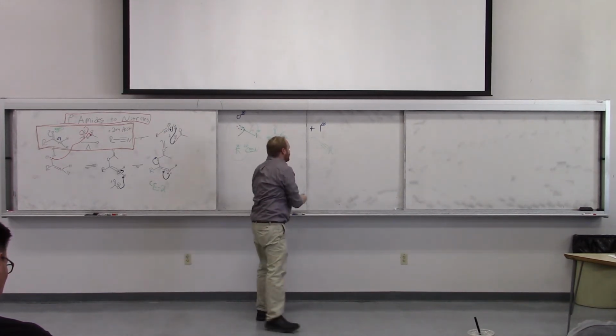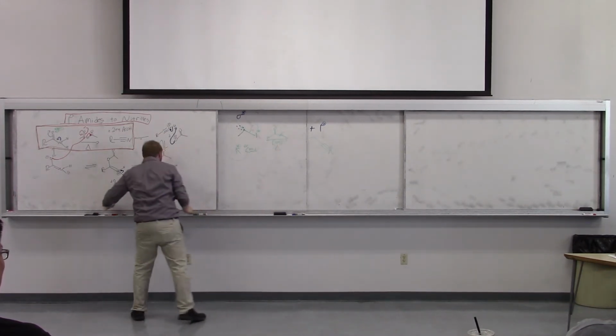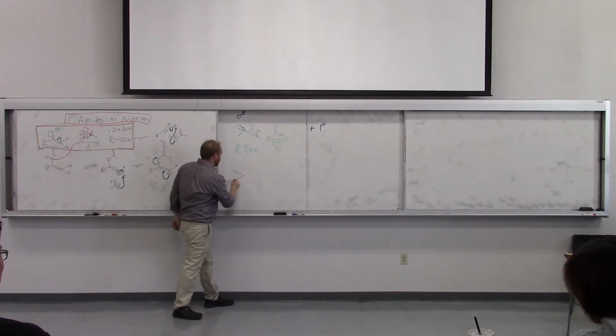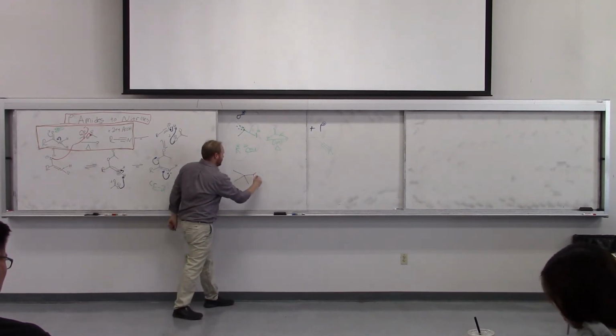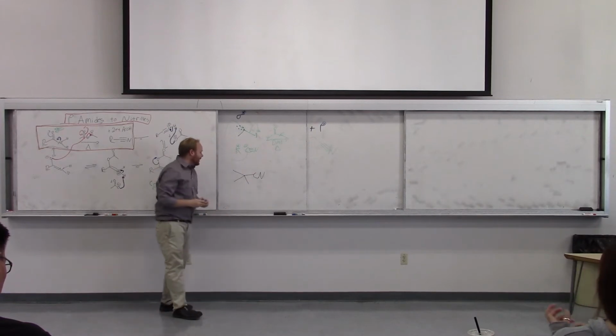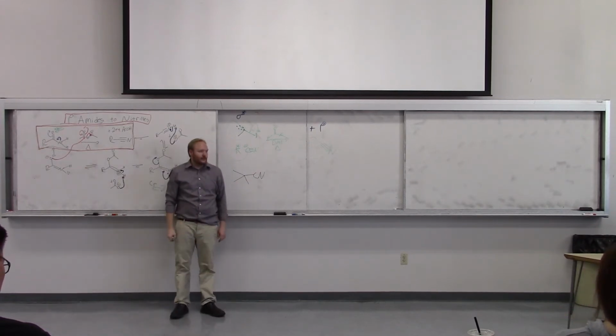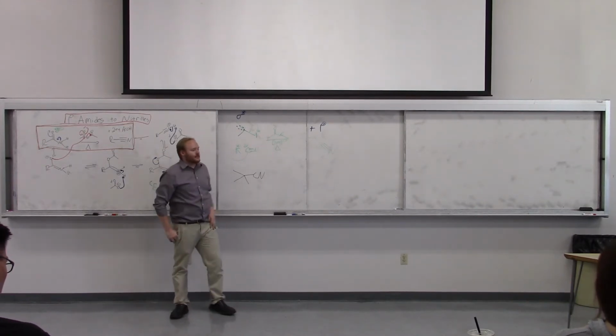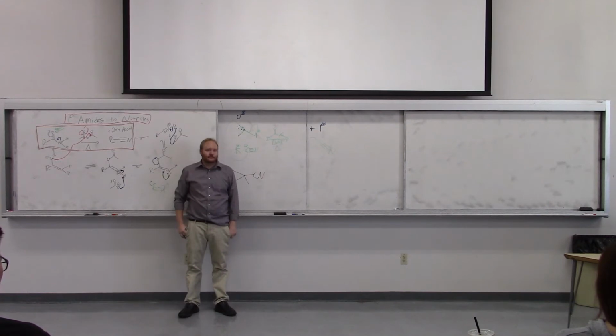But what if we wanted to make a nitrile on a tertiary carbon? Could we make this through SN2 chemistry? No. Why can't we make this through SN2 chemistry? It's too hindered, right? SN2s don't work on tertiary carbons.